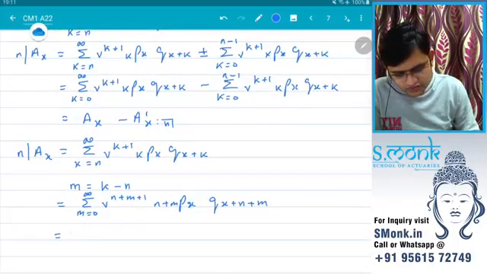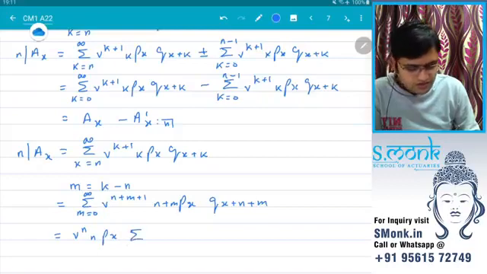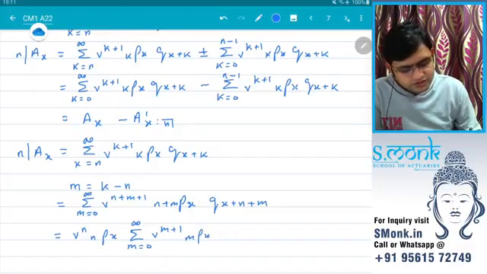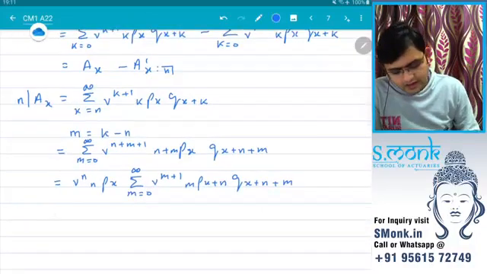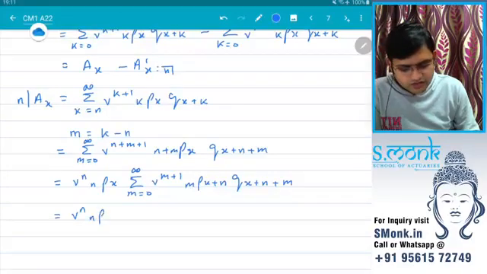That is v raised to n npx, m going from 0 to infinity mpx plus n qx plus n plus m. This is v raised to n npx ax plus n.